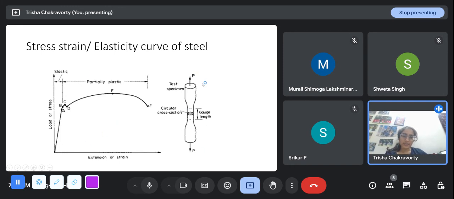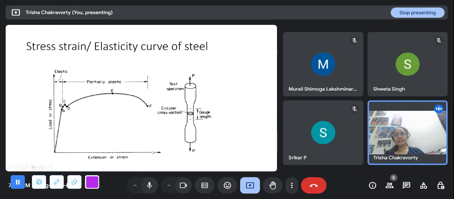When a specimen is made to undergo a tensile test, we increase the load and keep noting the load. From that, we can calculate the stress, and we measure the elongation. From that, we can get the strain, and we get this stress strain curve: stress plotted on the y-axis and strain on the x-axis. Normally on the x-axis we plot the independent variable.